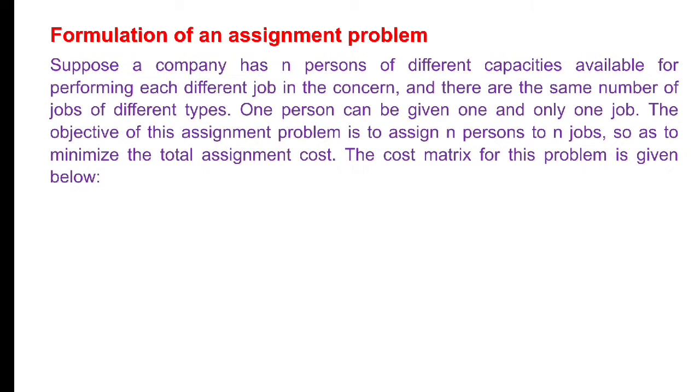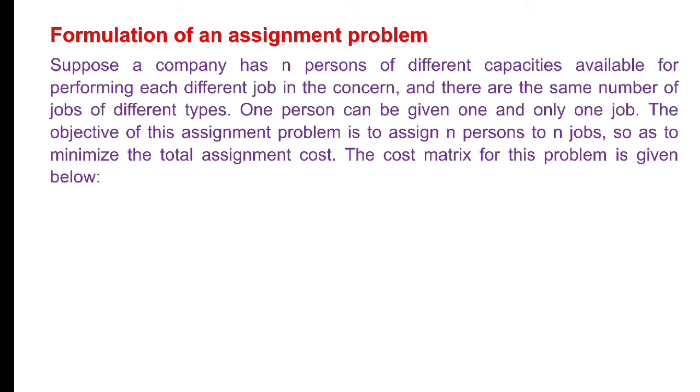Formulation of an assignment problem. Suppose a company has n persons of different capacities available for performing different jobs in the concern, and there are the same number of jobs of different types. One person can be given one and only one job.